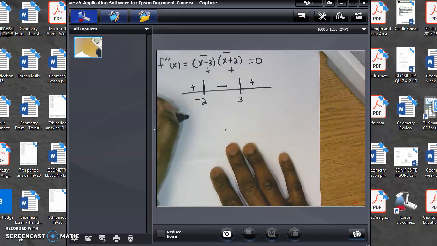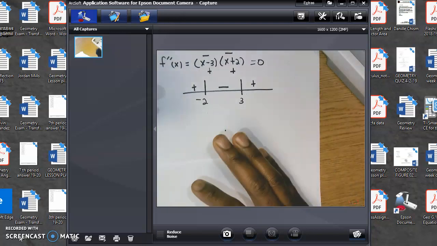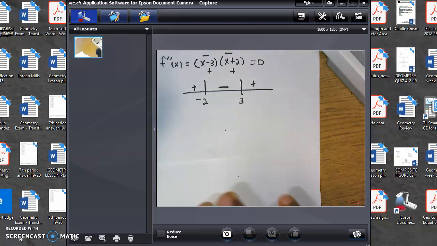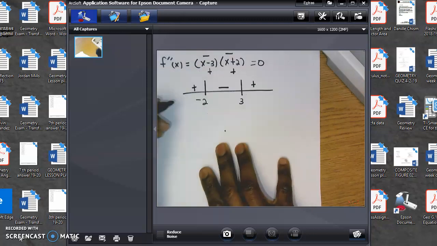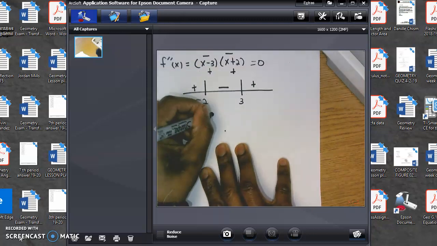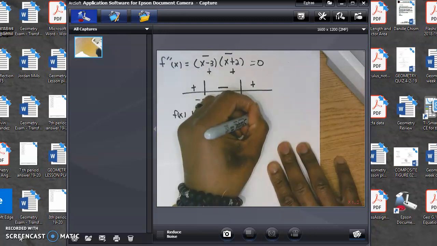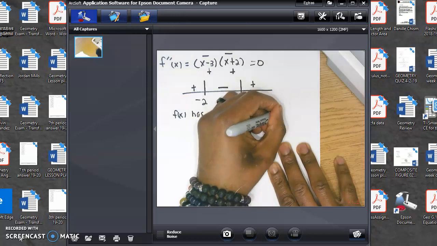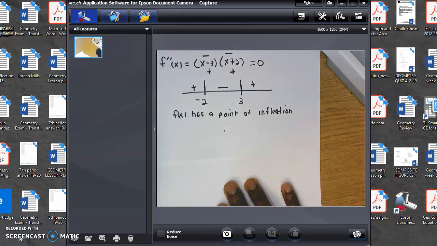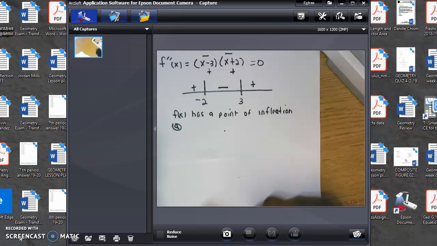So let's go ahead and write this up. I'm only going to write up one of the points of inflection because it's not really necessary to do both once you see the example. And so f of x has a point of inflection. Sorry, I spelled inflection wrong, but that's supposed to be a C. Now when we're talking about a point, you need to say the x and y value.